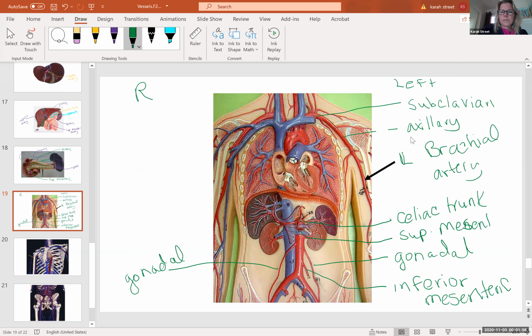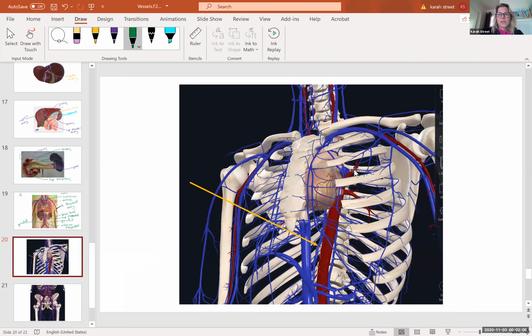Okay, we've seen all those before. This picture last week, the golden arrow is pointing to the azygos vein. So that's a vein. We did that last week, but on this picture right here, let me use gold as well. That would be your descending thoracic aorta that you can see there.